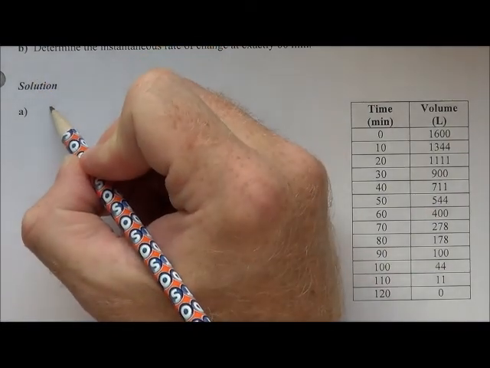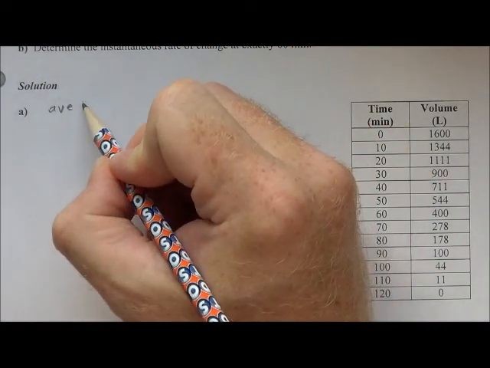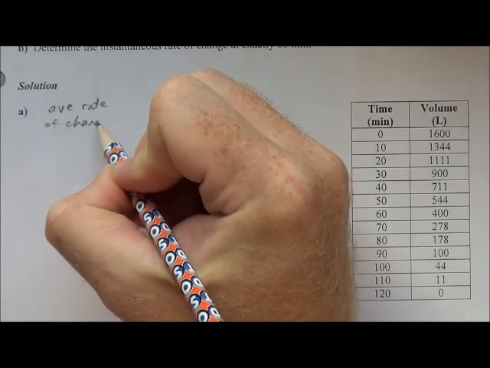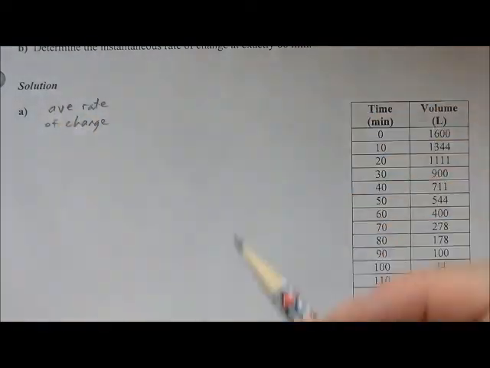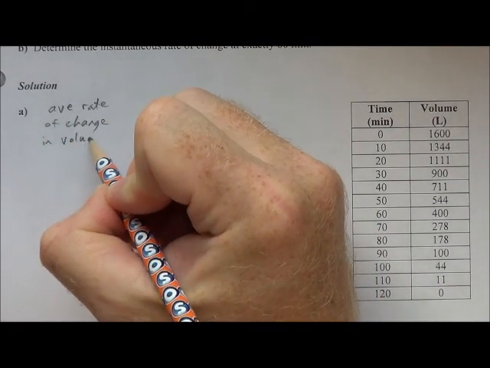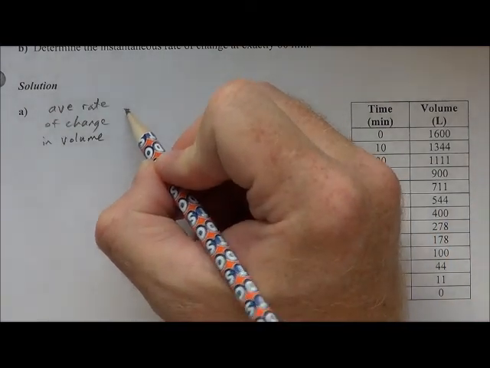Okay, so what we're going to do now is, we know the average rate of change, and again, I'm not a big fan of short forms. "Av" for average, okay, that's fine, but please write out average rate of change.